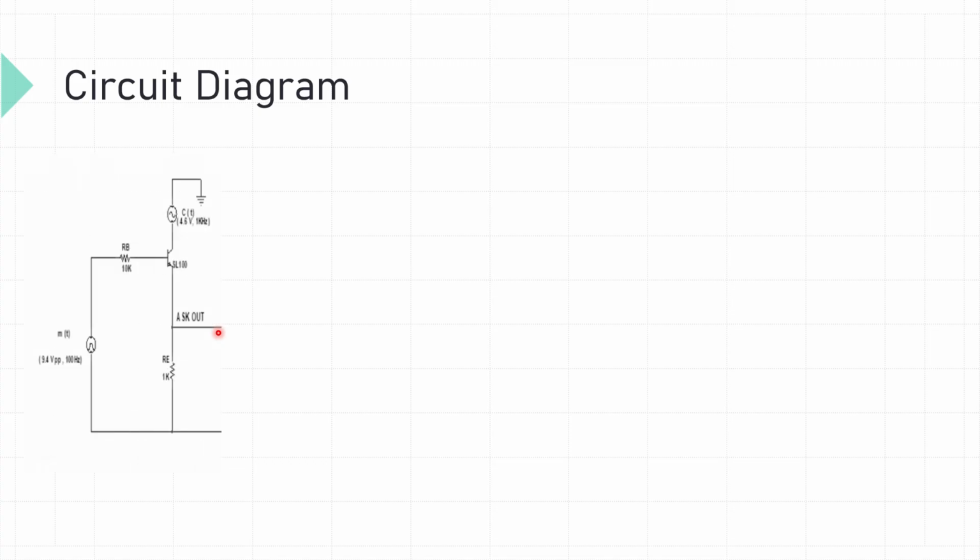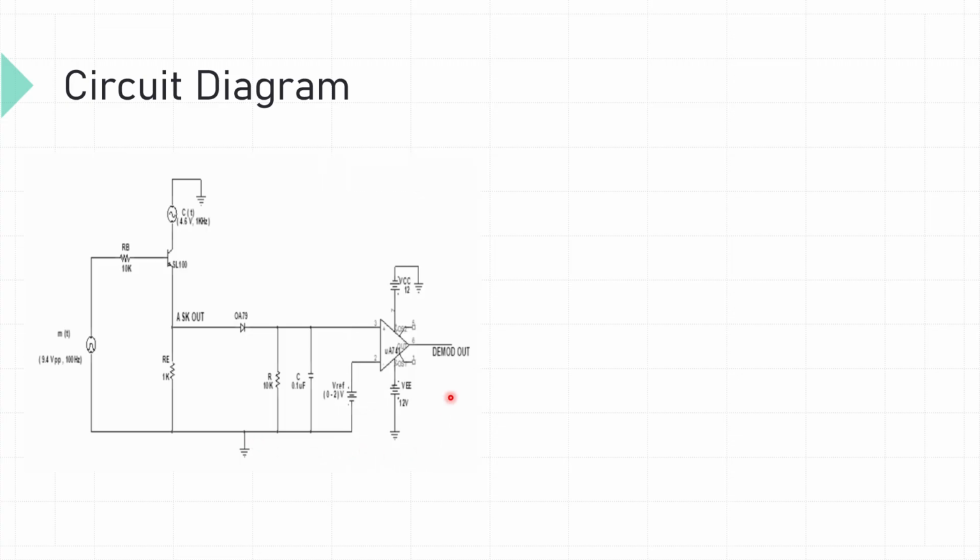Circuit diagram for ASK is as shown. This is the ASK wave generator. The second part is the detector. The third part is the wave generator, that is the message signal generator.